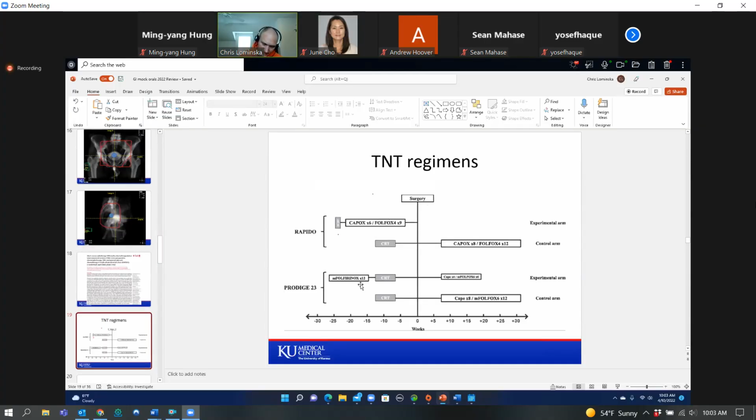The PRODIGE arm is even more intensified chemotherapy, standard chemoradiation, and surgery with a little bit on the back end. So there's a range of TNT regimens out there, but you should at least be familiar with an option there.